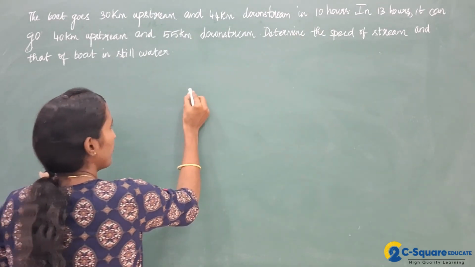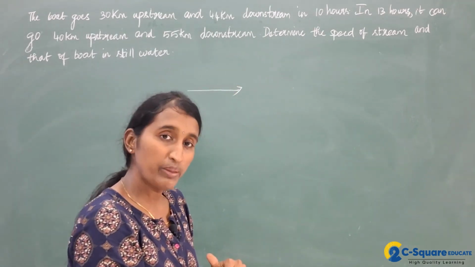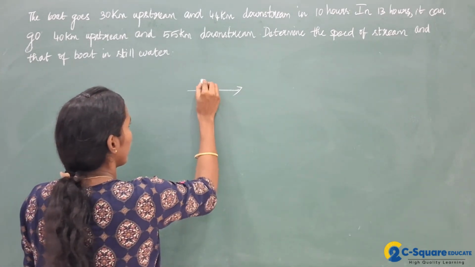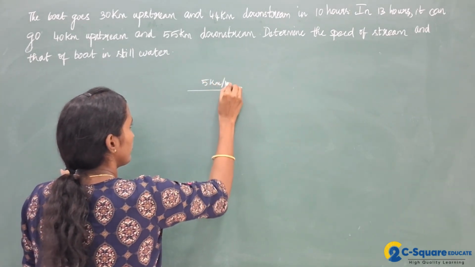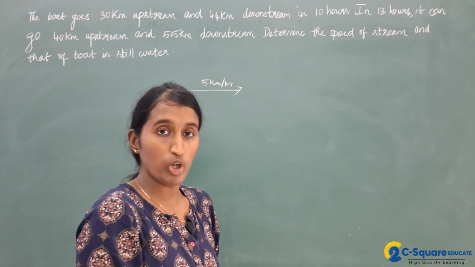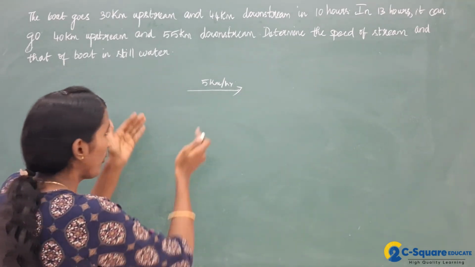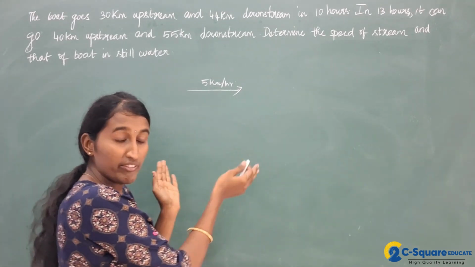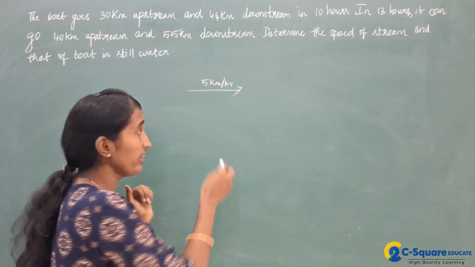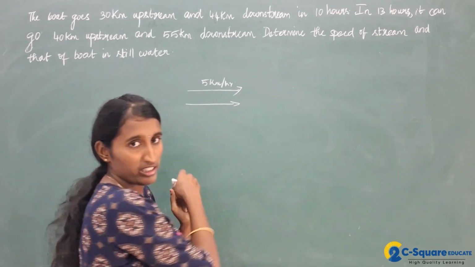So suppose a boat is traveling in this direction with a speed of 5 km per hour. So this 5 km per hour is the speed of the boat only, its own speed. Now the boat is traveling on moving water, right? So the water is also moving in this direction.